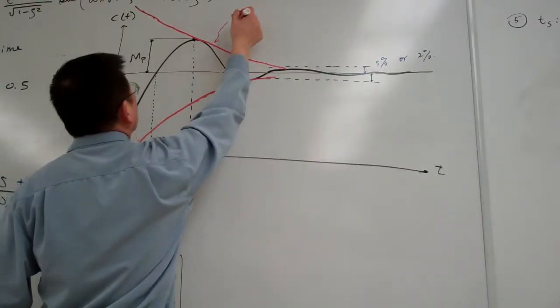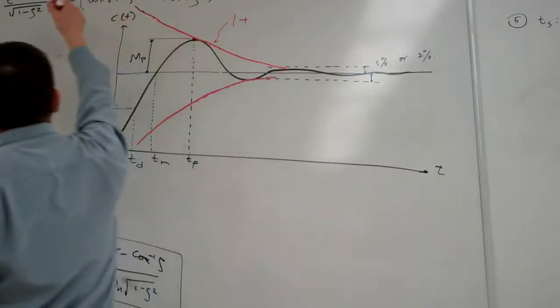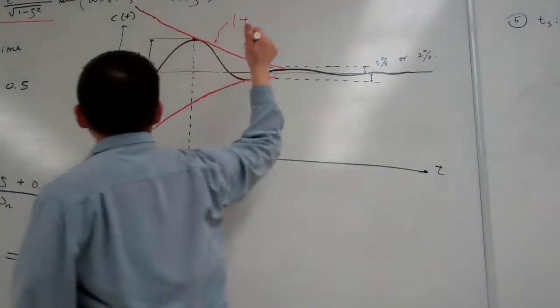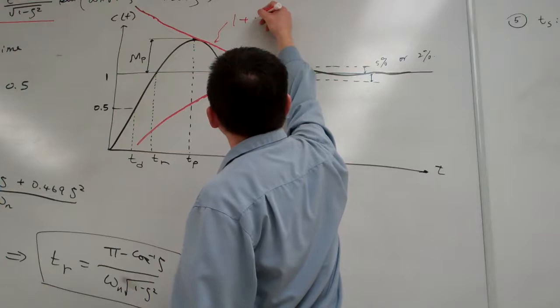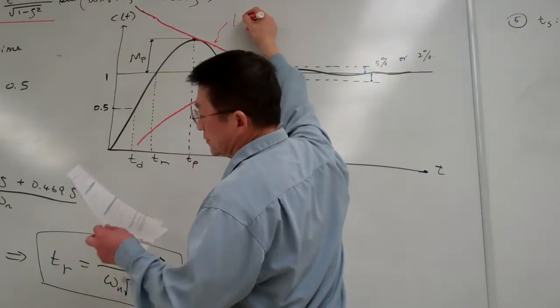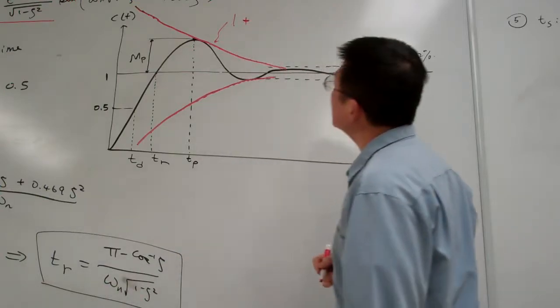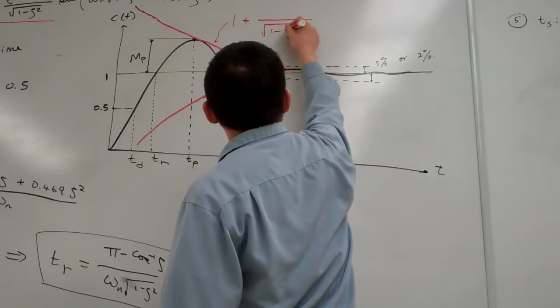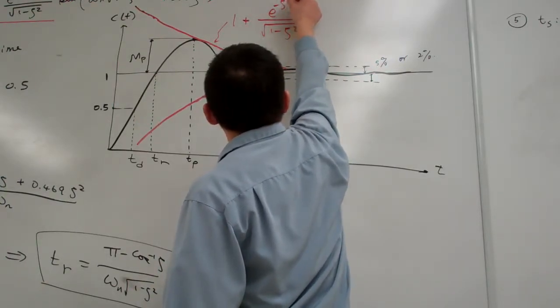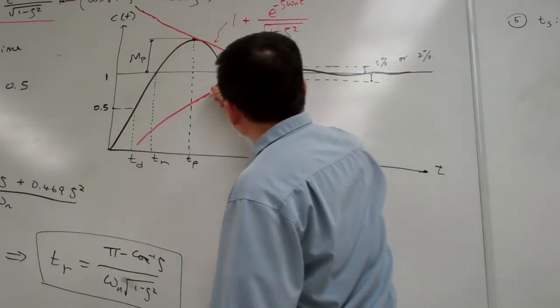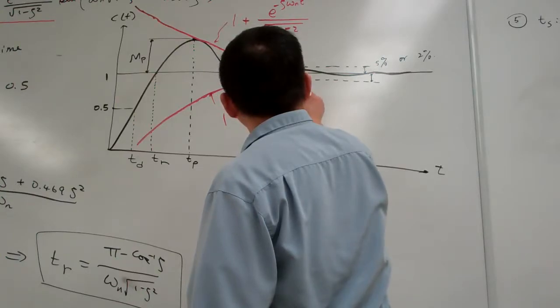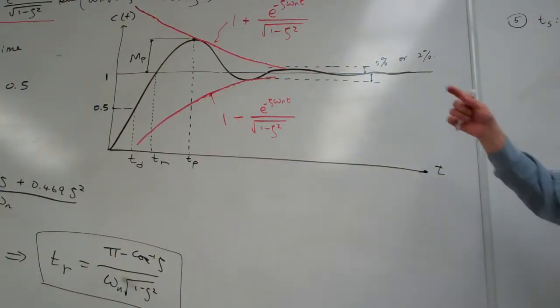The top one is 1 plus the exponent portion here, and the bottom one is 1 minus. Okay, so those are the profiles.